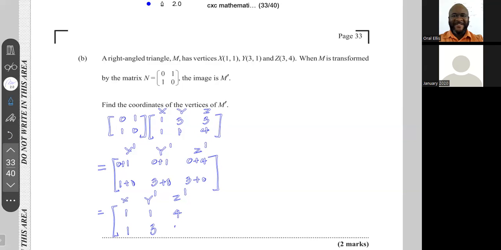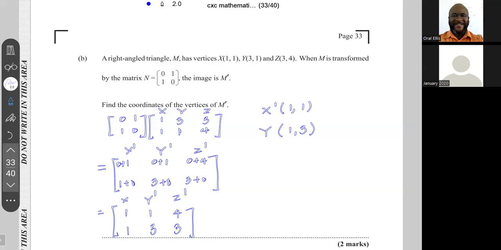4, 3. All right, and we're asked for the image. So x prime is the point 1, 1. With this transformation, x and x prime is the same point. Then we have y prime, which is 1, 3.